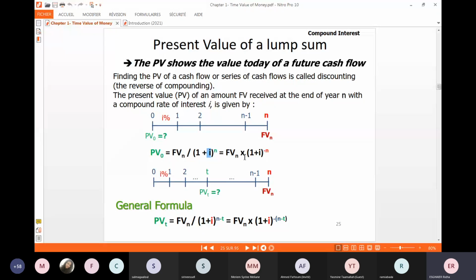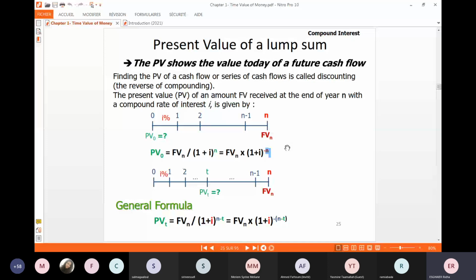The discounting process consists of eliminating the interest from the future amount. This is why in the formula we can put future value times 1 plus I to the power minus n. The negative power here, when an amount is multiplied by 1 plus I to the power minus the number of periods of discounting, the minus reflects the fact that we have to subtract, to eliminate the interest from the amount, to reduce the amount.